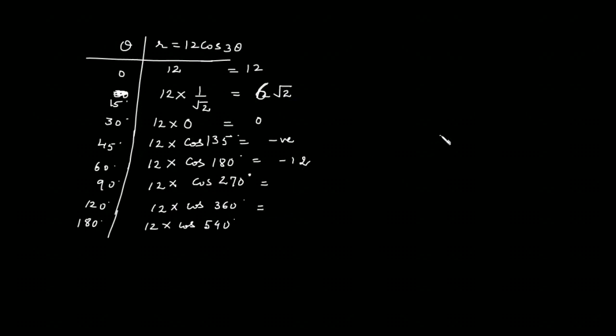So now just see the graph of this. If you consider this as the initial line, at 0 it is 12, at 15 degrees it is 6 into square root of 2, at 30 degrees it is 0, so it is a leaf, this one.